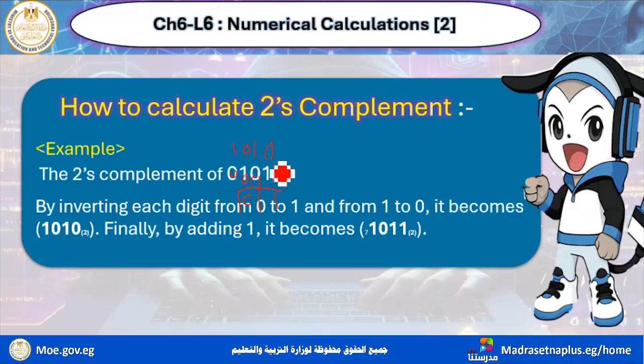So here we add 1. 0 plus 1 is 1. 1 plus 0 is 1. 0 plus 0 is 0. 1 plus 0 is 1. We are clever now in binary addition. We have studied this lesson in the previous lesson.